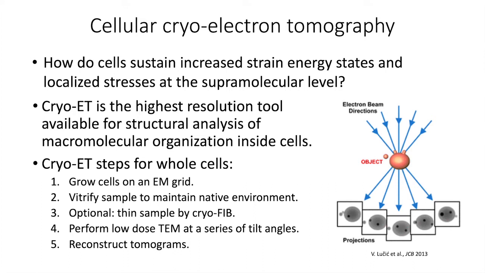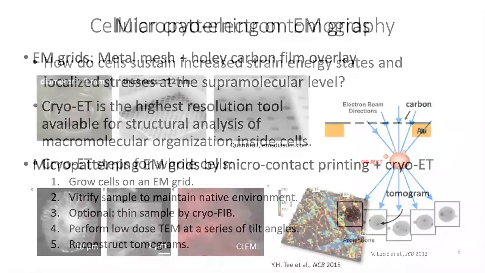Once you have the sample that you want to be observing with cryo-EM, transmission electron microscopy is performed at a series of tilt angles to create a series of projections. So electrons pass through the sample, which is being moved, and then 3D views of the samples, called tomograms, can be constructed from these different projections.